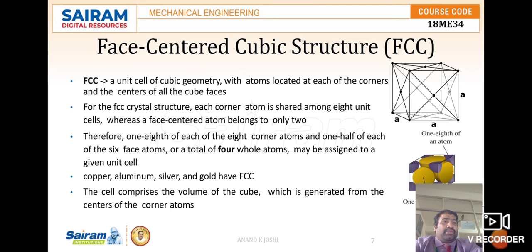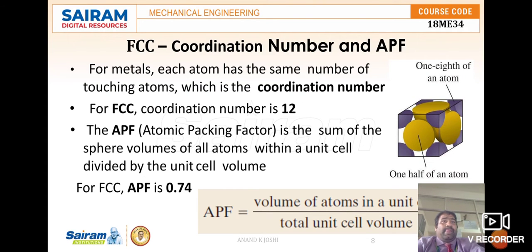Okay, this is about the face-centered cubic. Now let us discuss, if the structure is face-centered cubic, what the coordination number and atomic packing factor are. For any metals, especially gold and copper, each atom has the same number of touching atoms, which is the coordination number.